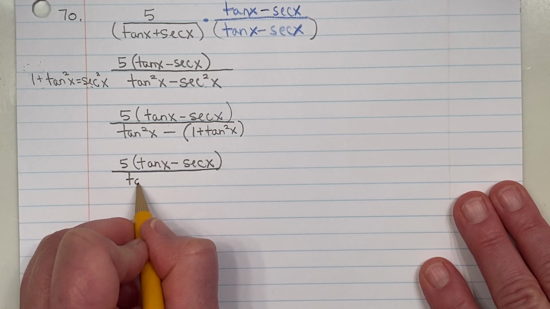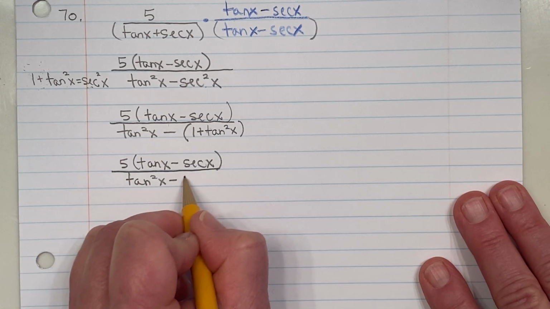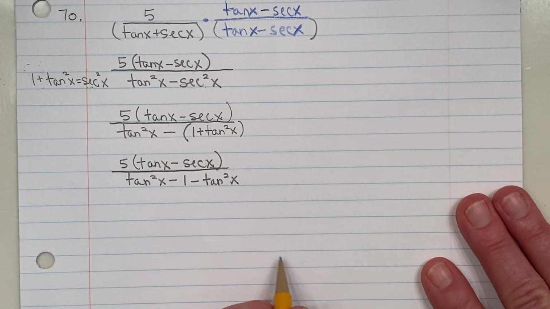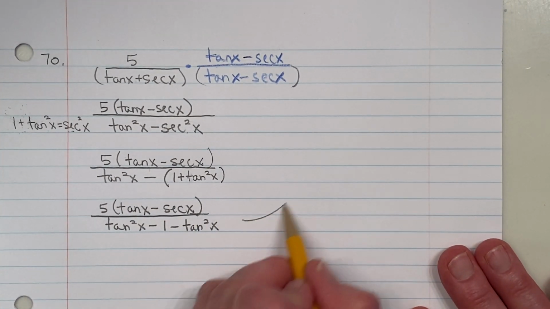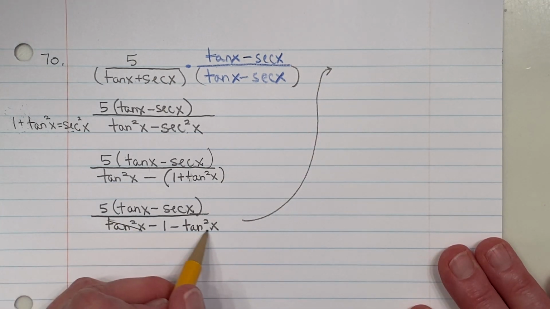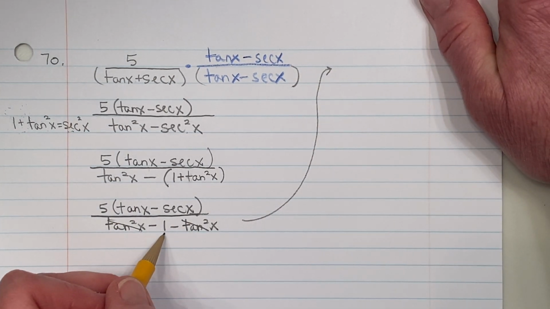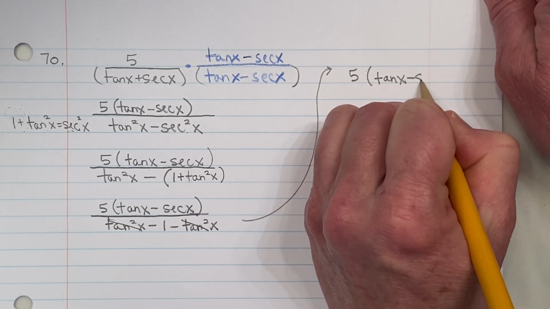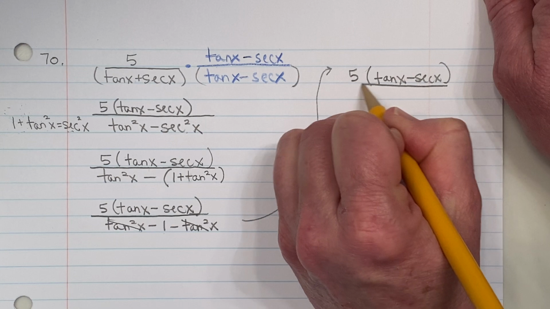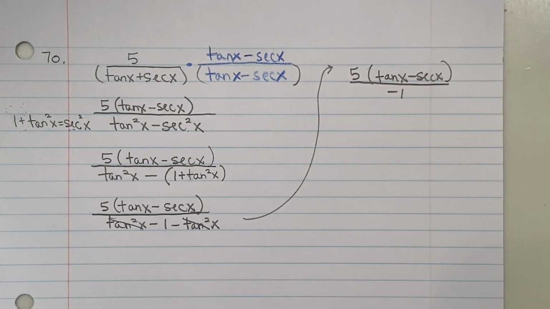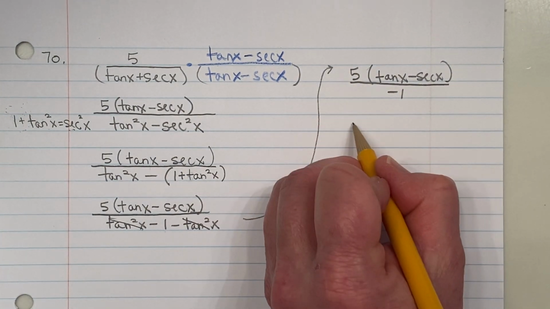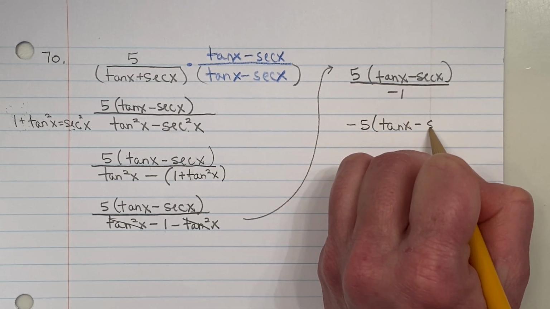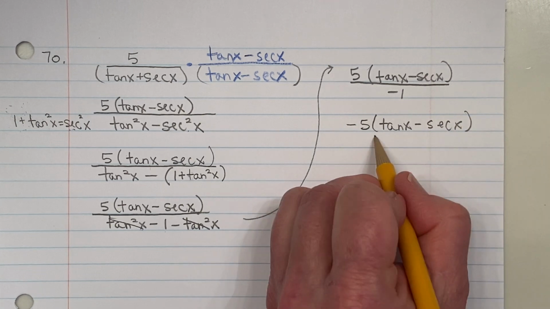So let's distribute the negative. Minus 1 minus tangent squared x. Well, that's convenient because these two are going to cancel. So I have 5 times quantity tangent x minus secant x all over negative 1. Again, we don't want a fraction, so let's bring the negative up front with the 5 and ditch the fraction. That's it.